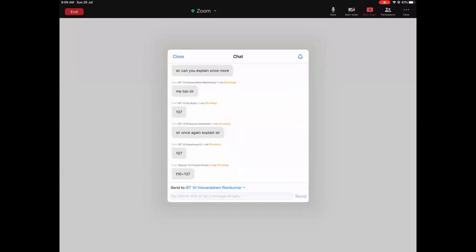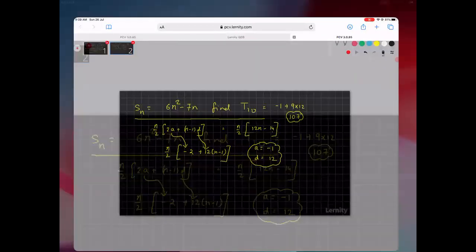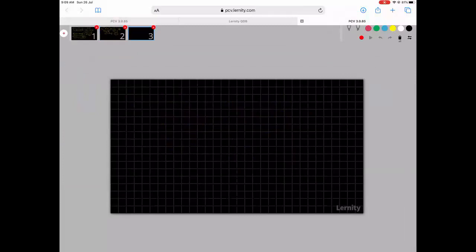Yes, okay, I'll explain once again. I am telling that the sum of n terms of an arithmetic progression, Sn, is equal to n by 2 into 2a plus n minus 1 into d. How did I get this?